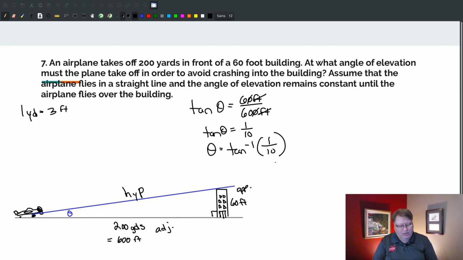So 1 divided by 10 equals 0.1. And now I want to take the inverse trig function. On your calculator on your phone, you see sine, cosine, and tangent, but you don't see the inverse trig functions. Do not use the sine h, cosine h, or tan h. Those are hyperbolic sine, hyperbolic cosine, and hyperbolic tangent.